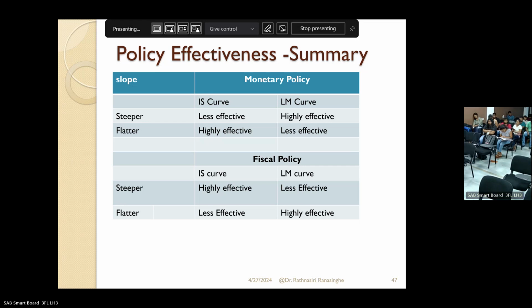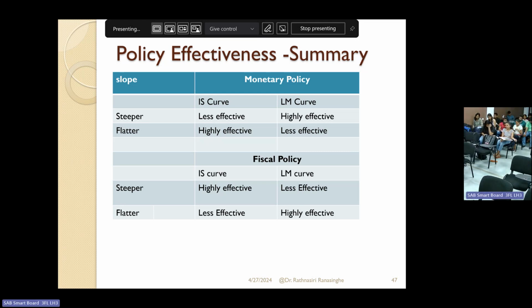The steeper one, C2 low, right? If the interest elasticity of money demand is low, monetary policy is more effective.